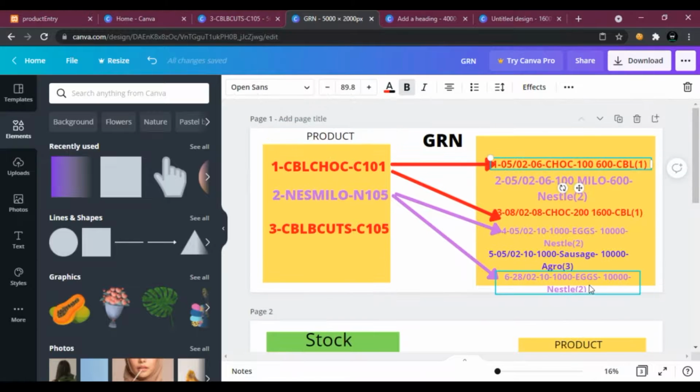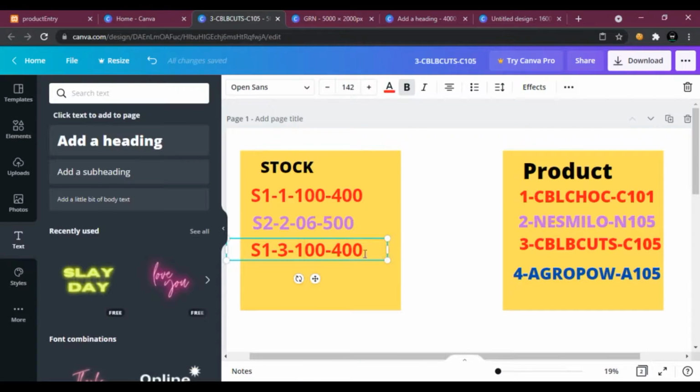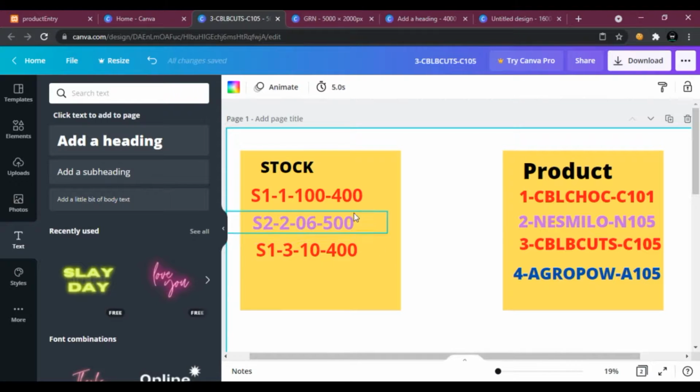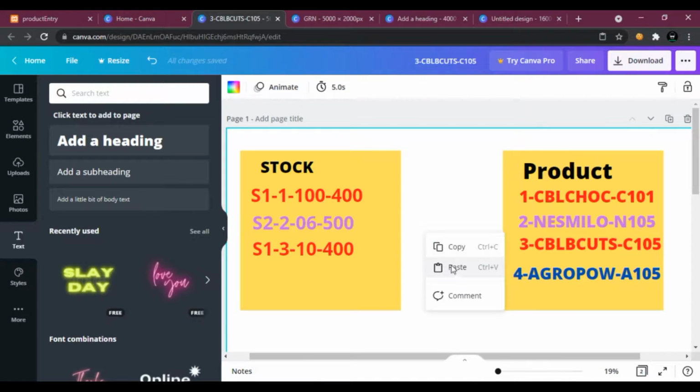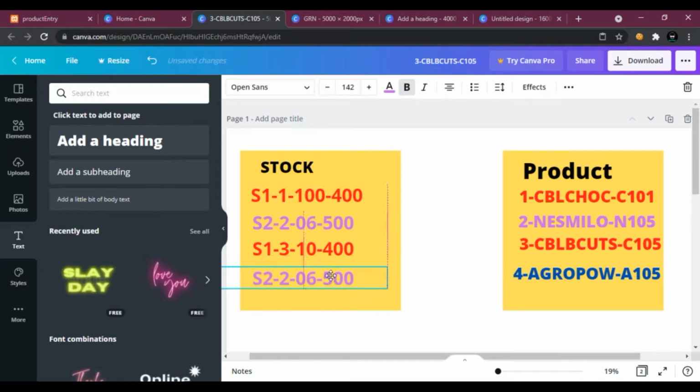No, it was added later, so imagine there are 10 CBL biscuits and the selling price is 400. So you can see here a one-to-many relationship is building up. And I want to store the chili powders in stock 3. So S3, the product ID is 4. There are 20 kilograms. The selling price is 1000 rupees.